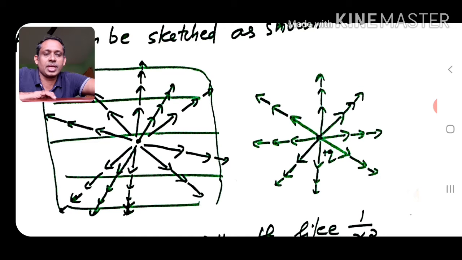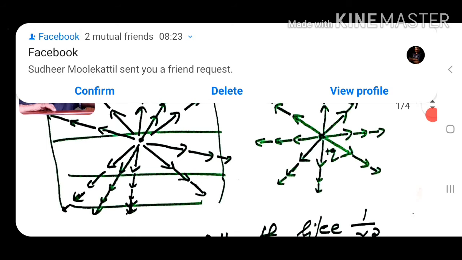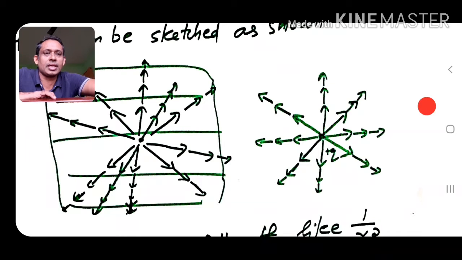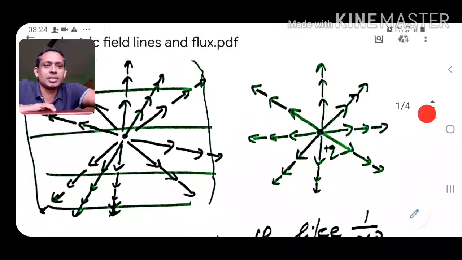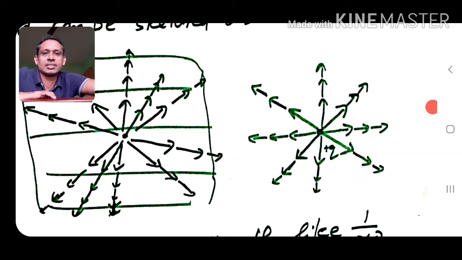So we know the electric field is decreasing with the distance. Electric field is inversely proportional to the square of the distance. So as we represent the electric field, we need vectors which decrease in length.